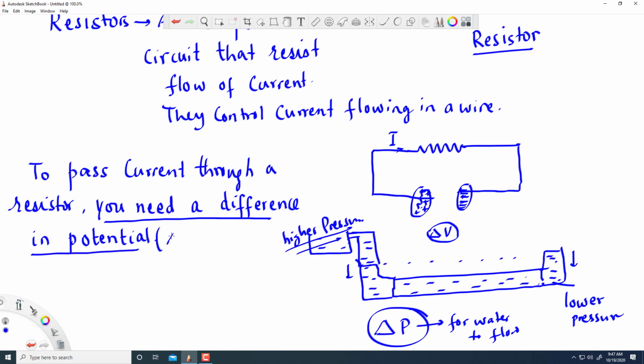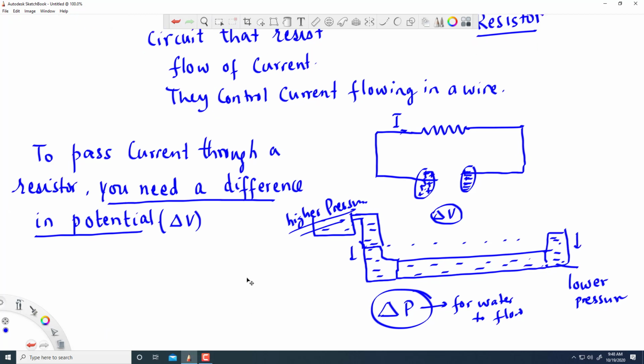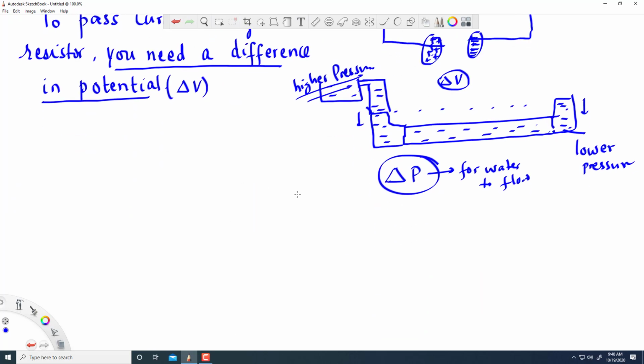We call this delta V, which is potential difference, and the source of potential difference is a battery. So if you want to pass current in a circuit, that's the resistor denoted by R. You want some current in your circuit. This is the basic circuit. You need a battery. Battery has positive on one side and negative on the other side. That's the battery.